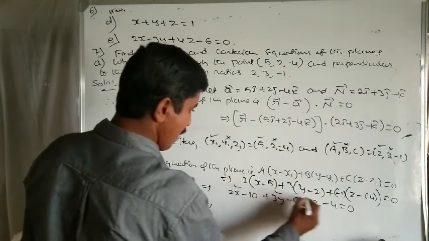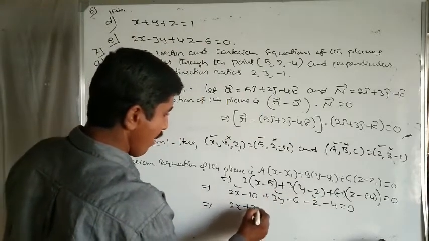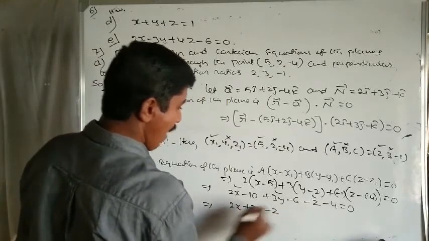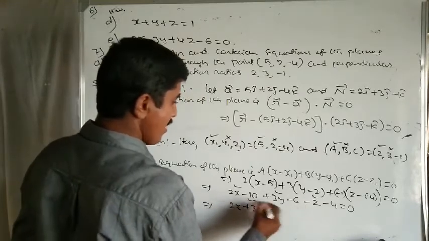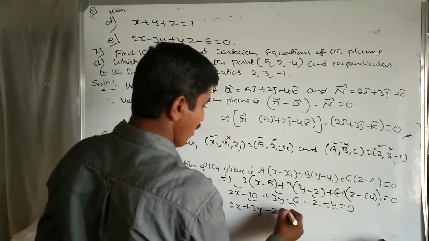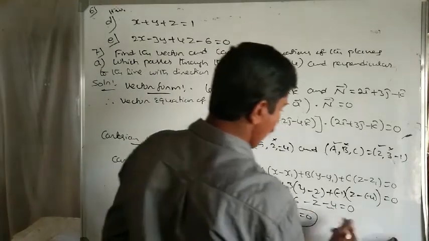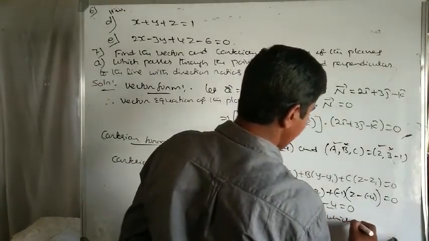Write the x term, y term, z term in order: 2x, 3y, minus z. Adding the constant terms, minus 10, minus 6 is minus 16, minus 16 plus 4 is minus 12... as stated, is equal to 0, which is the required Cartesian equation.